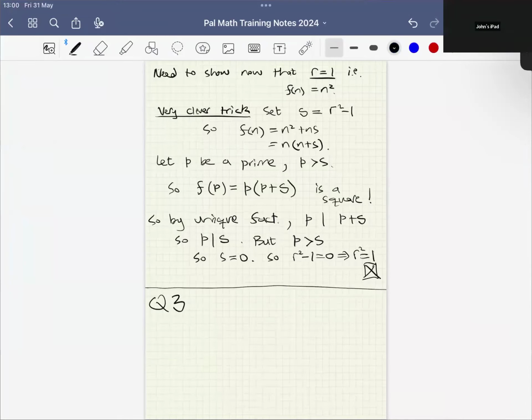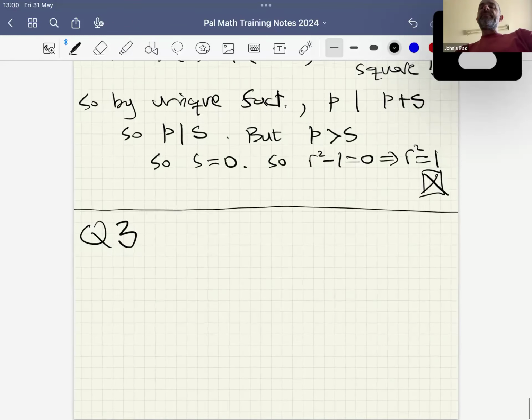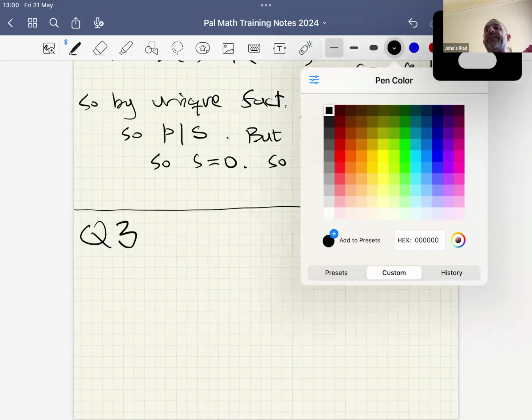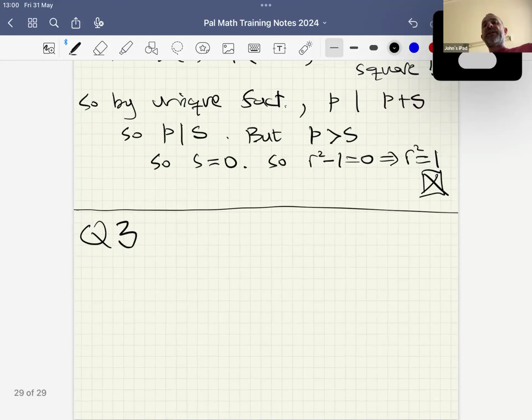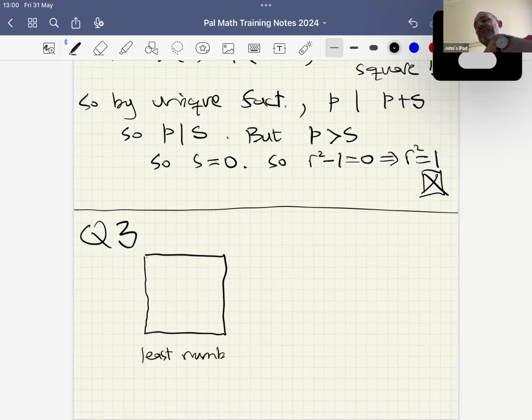Okay, so I'll very quickly give you the most number of paths and the least number of paths. And I guess you would discover this by experimenting. So the least number looks something like this.